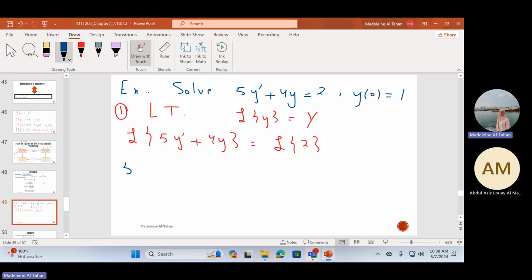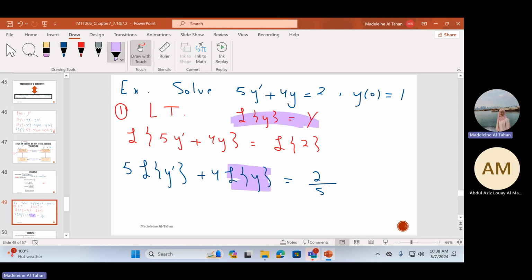This one, can we write 5 Laplace of y' plus 4 Laplace of y equal Laplace of 2 from the table? 2 over s, right? This Laplace of y, what will we write instead of it? So we will get 4 capital Y here and 2 over s.